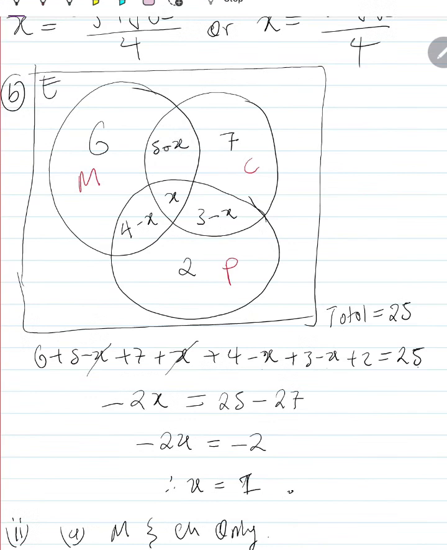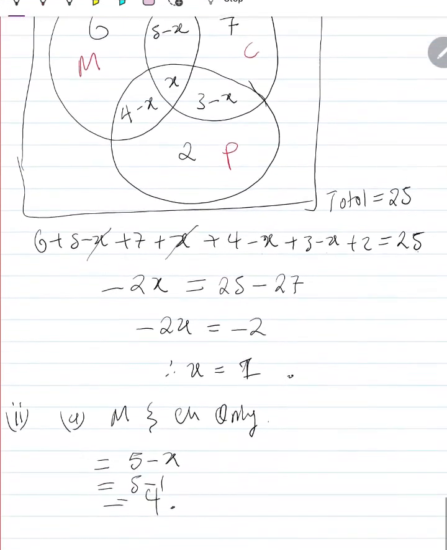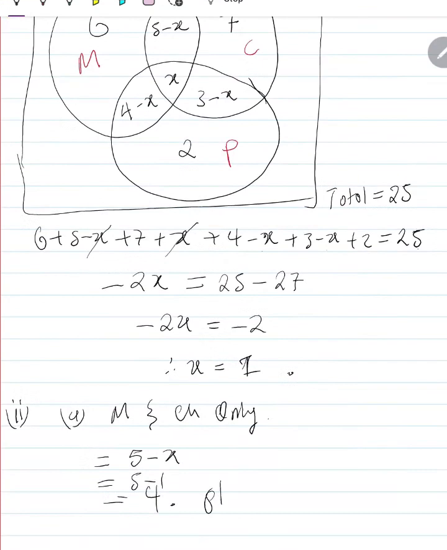So this is 5 minus x. Okay, so you have 5 minus x. But what is x? X is 1, so 5 minus 1, which is equal to 4. So 4 students. Okay.